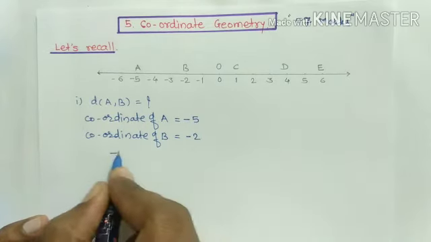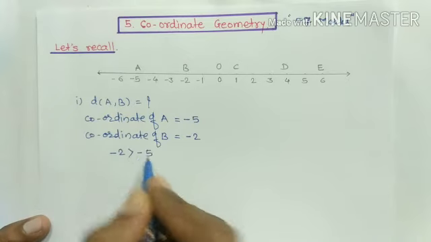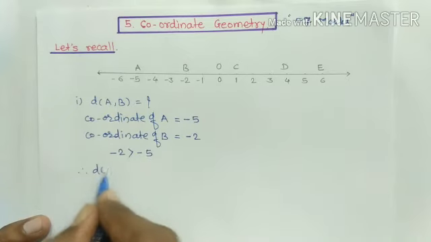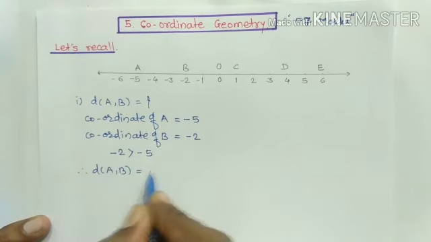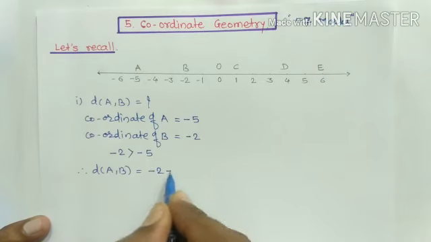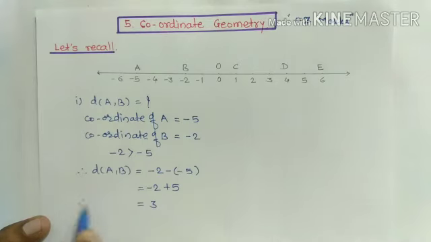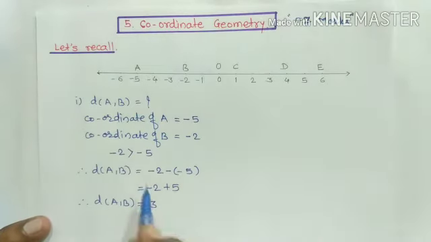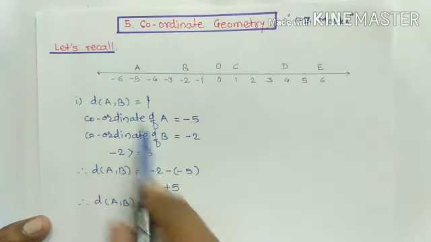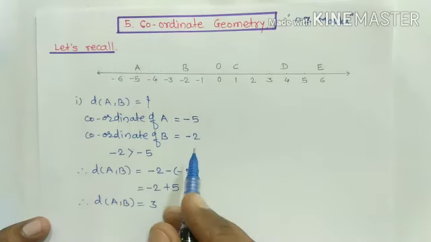Here -2 is greater than -5, and therefore distance AB equals -2 minus -5. That equals -2 plus 5, it equals 3, and therefore distance AB equals 3. In this way we find the distance between any 2 points on a number line.